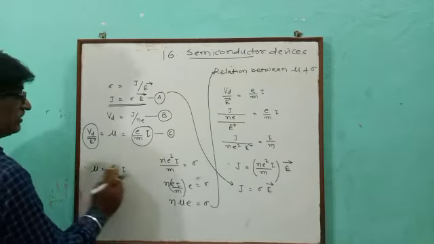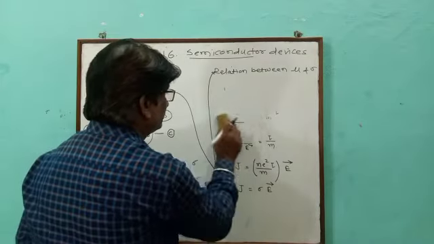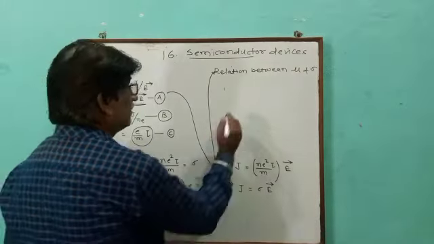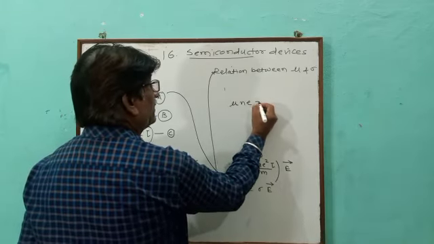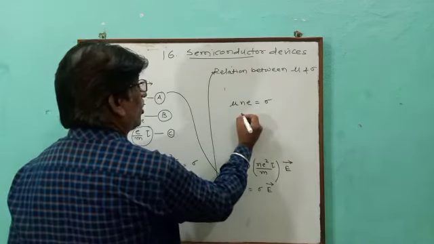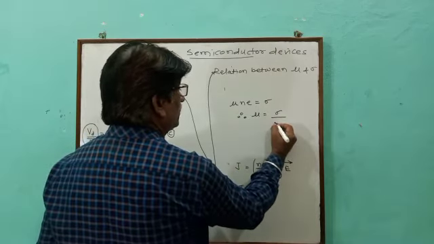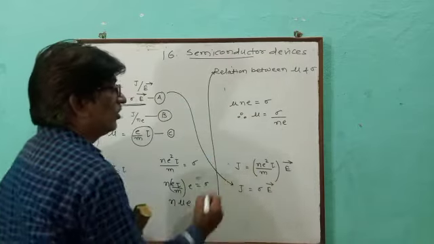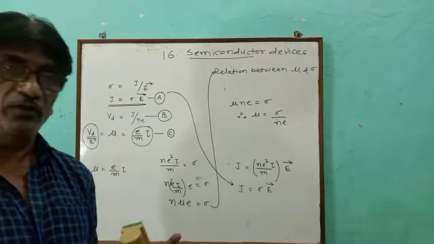So the fourth relation is mobility: mu n e is equal to sigma, or mu equal to sigma upon n e, or sigma equal to mu n e.